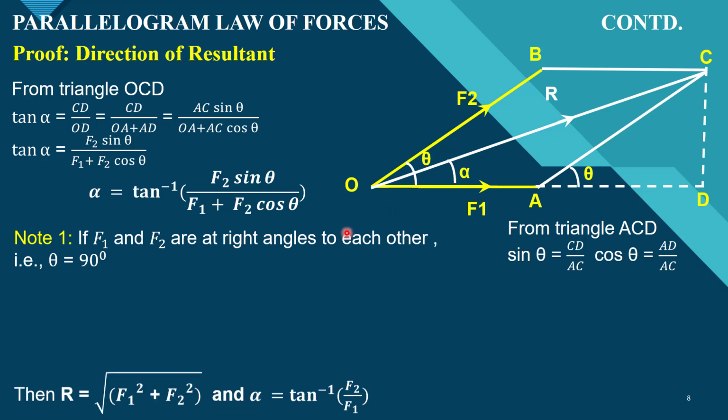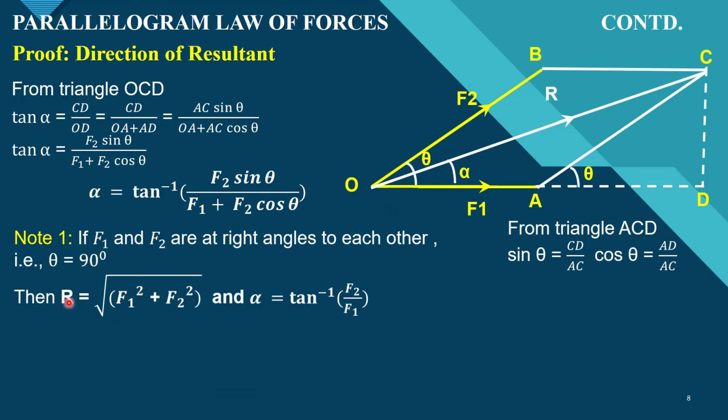So you will be getting R as square root of F1 square plus F2 square, and alpha will be equal to tan inverse of F2 by F1. That's all.